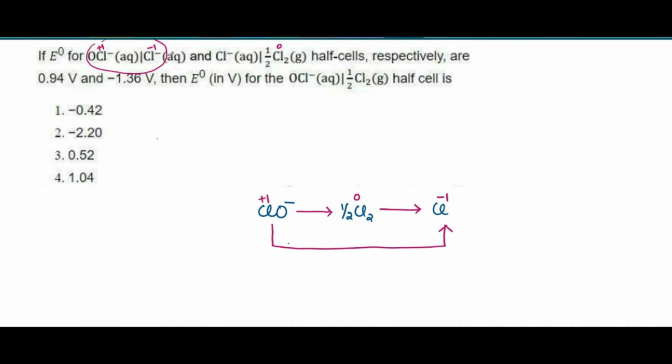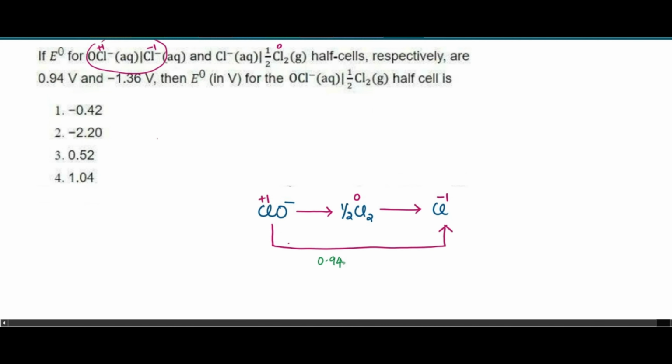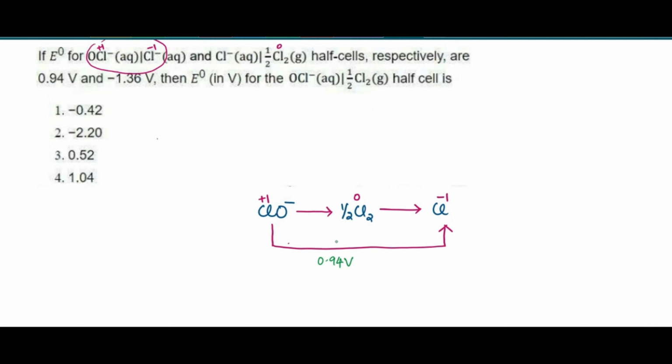Reduction potential, it's given that it is 0.94 volt. Okay, this is E. What is N? Okay, I will take it back. This is E. And what is given? Cl minus to Cl 0, this one.